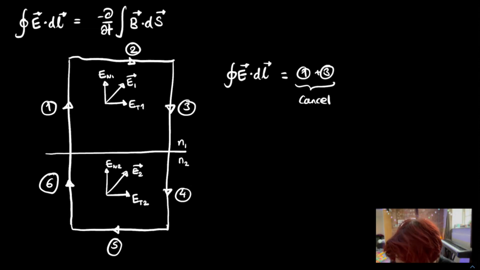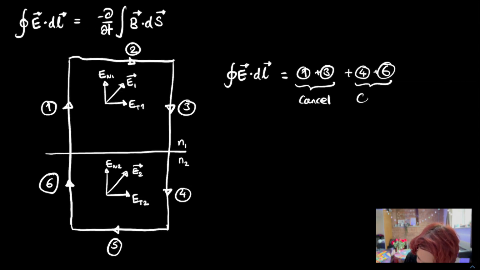And the exact same thing is going to happen in the second medium with parts 4 and 6. So when we add together parts 4 and 6, of course both parts are parallel to E_N2, but they are equal in magnitude and opposite in direction, and so therefore they are going to cancel each other out. So parts 4 and 6 are going to cancel.